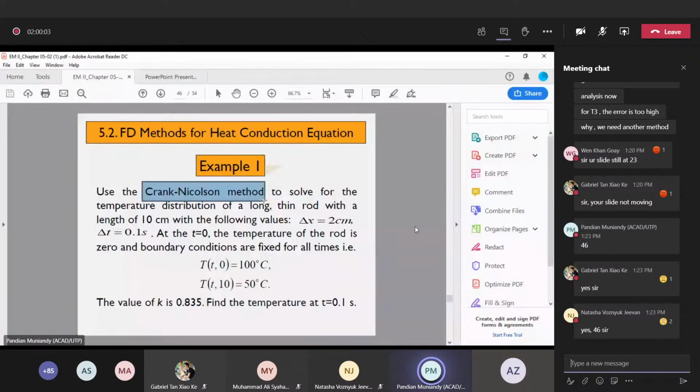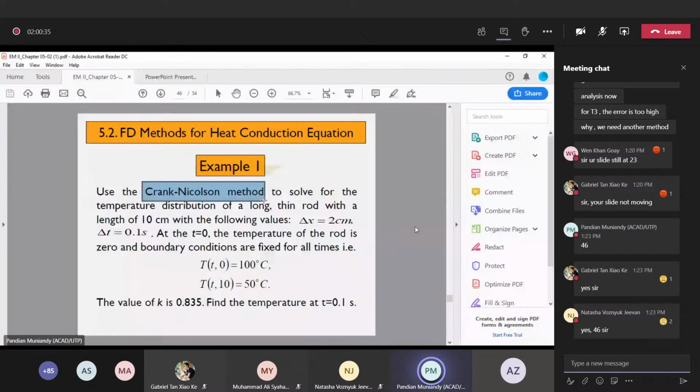So altogether 3 methods only within the syllabus. We don't have method 4. Any other method, you keep it for future studies. If you search various methods to solve heat conduction equation by using numerical approach, you will find many methods. So we stick to 3 methods: explicit, implicit, Crank-Nicolson.